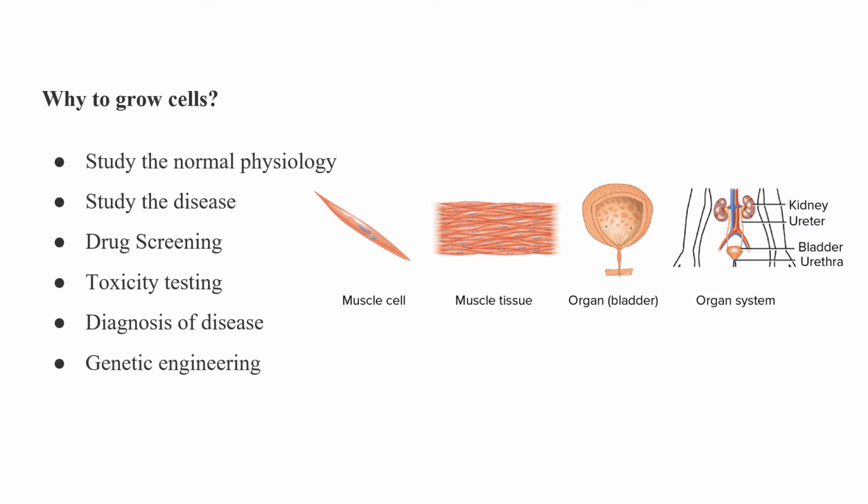In genetic engineering, cells can also be used so that the genetically engineered product can be made. For example, a plasmid containing the gene of interest is introduced and inserted into a cell. After insertion, the inserted gene can express, and we can get some product, or we can manipulate the cell, whatever we want to do, using genetic engineering.